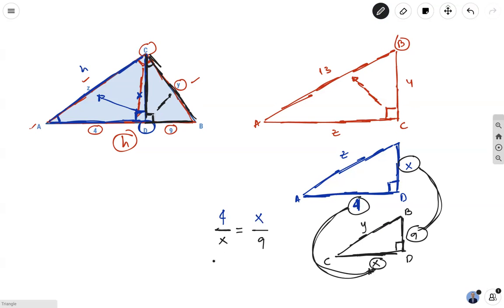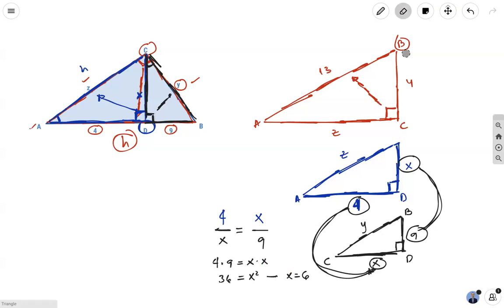Once I have that proportion, I'm going to solve for x. So that means that I'm going to end up with 4 times 9 is equal to x times x. And this is 36 equals x squared. So that means that x is equal to 6.